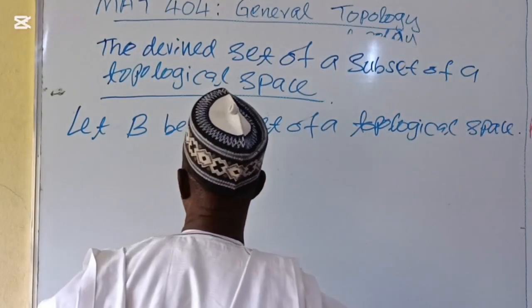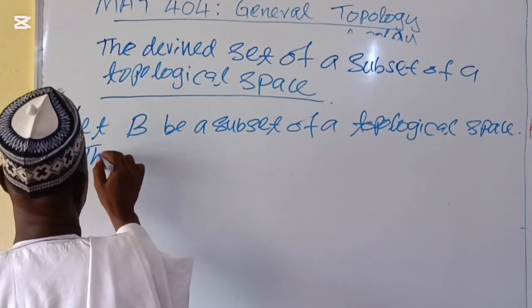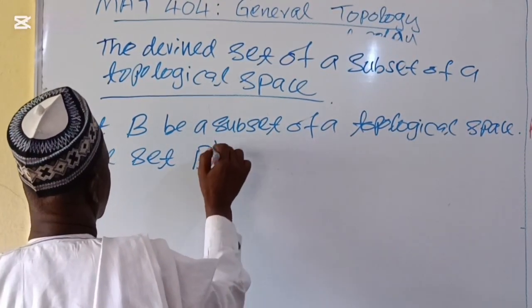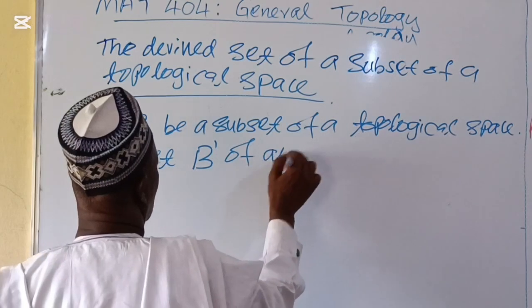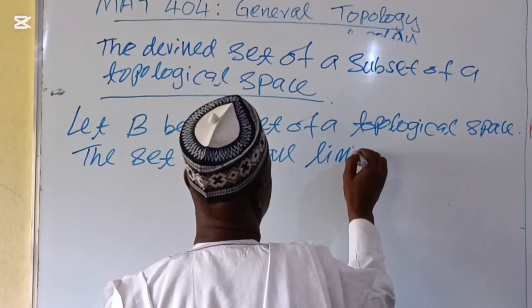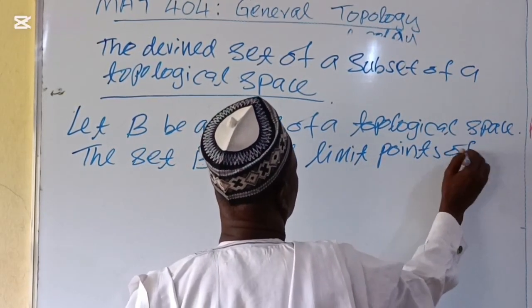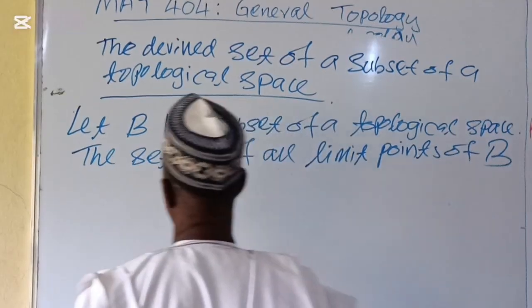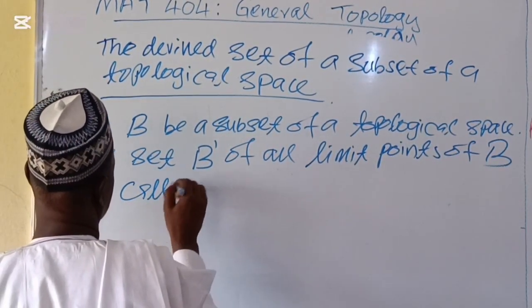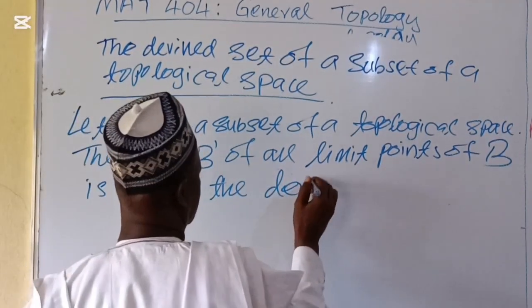And now the set B dash of all limit points of B is now called the derived set.